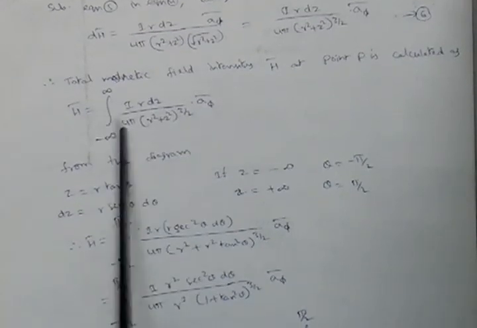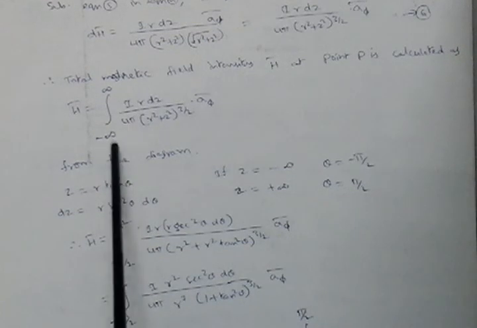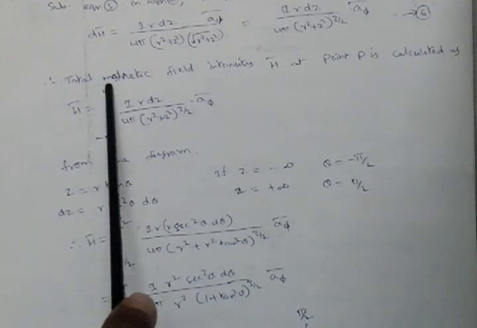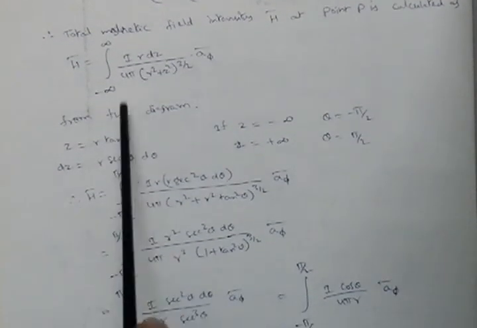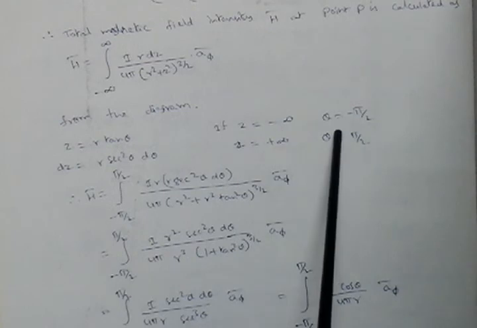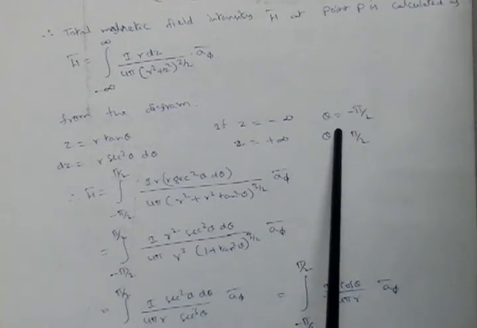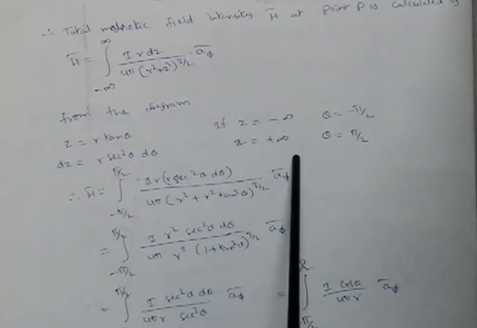But in this case, the integration limits are varying because the conductor is varying from minus infinity to plus infinity. So therefore, the limits are minus infinity to plus infinity. Later we need to modify these limits. How to modify these limits? If Z is equal to minus infinity, angle theta is equal to minus pi by 2, and Z is equal to plus infinity means theta is equal to plus pi by 2.